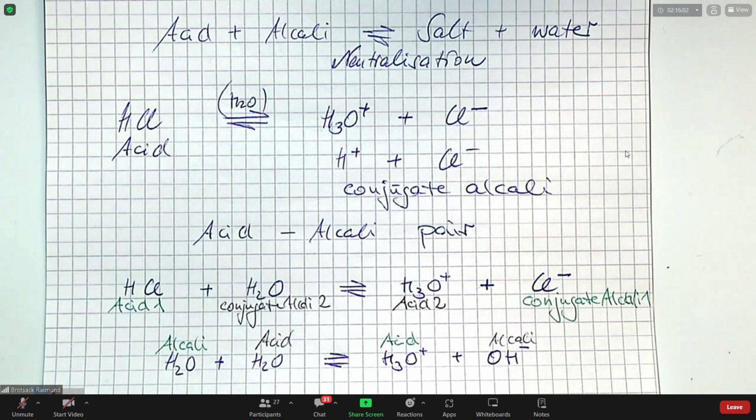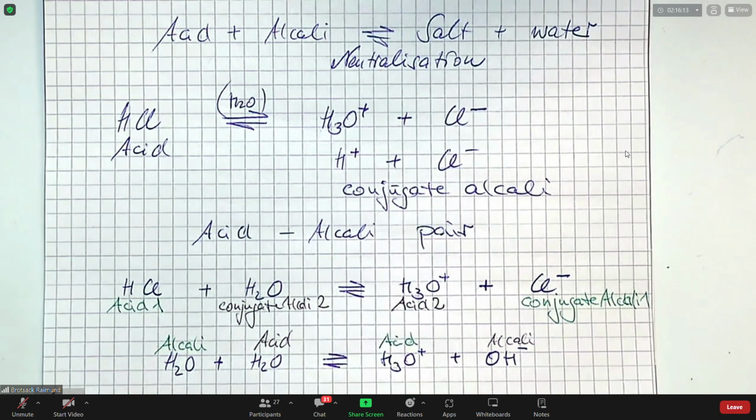The alkali even can be described as acceptor of protons instead of donor of hydroxide ions. And that is what we call the autoprotolysis of water.